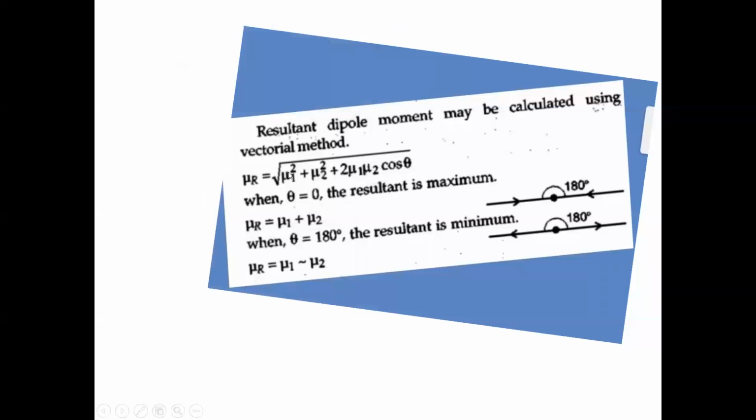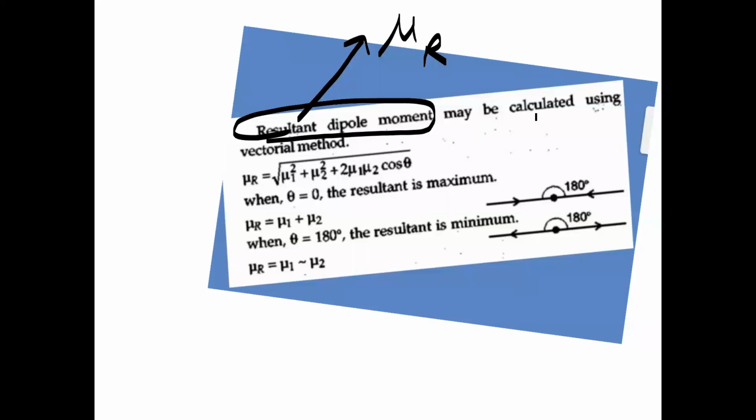Next, the resultant dipole moment may be calculated using the vectorial method.